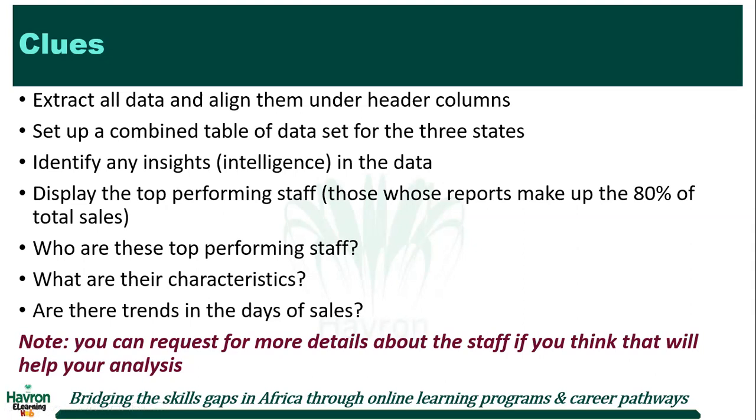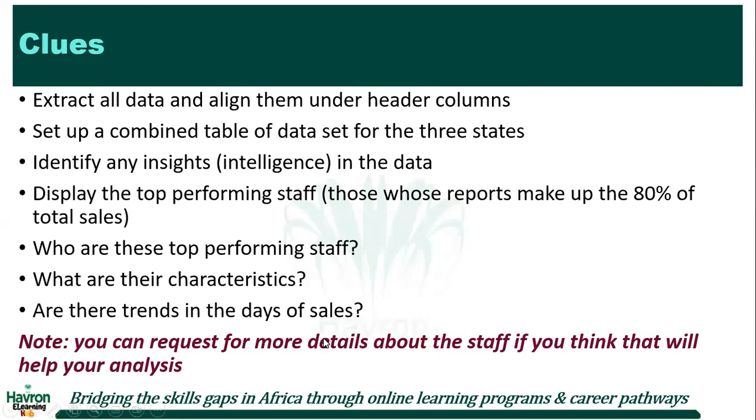Perhaps if the males are selling more, should we, as an organization, have a policy that will say, okay, let 50% or 60% of our workforce be made up of females, or 70% of our workforce be made up of males. So when you are making those decisions, they will ask you why. You say, based on data, what has happened in the past.